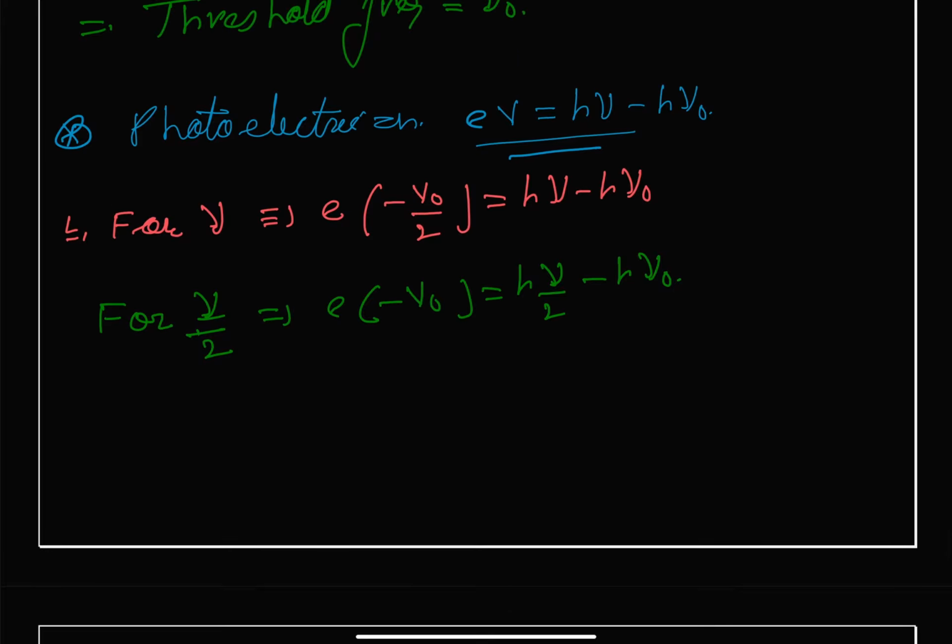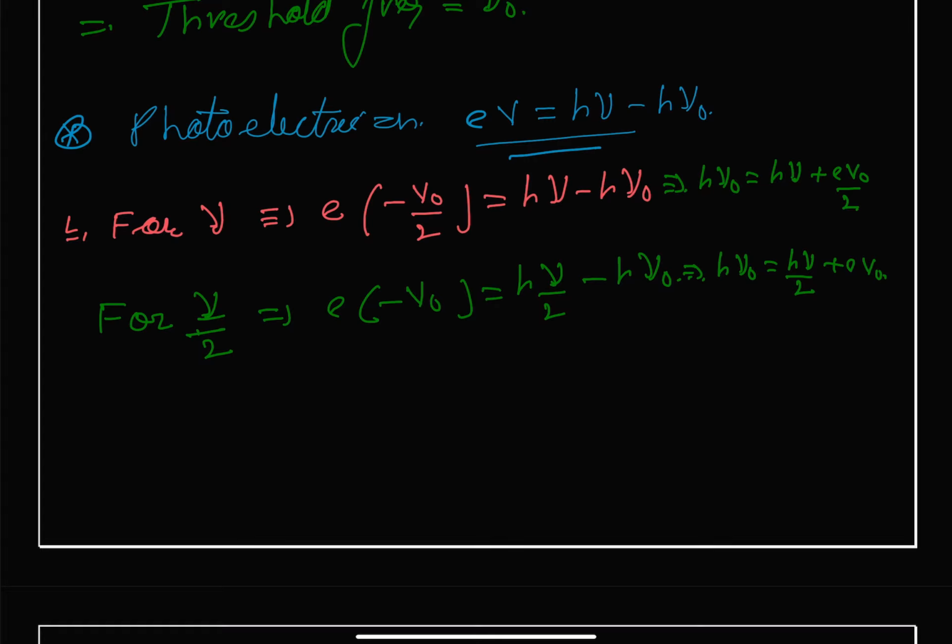So from the first part we can write our h nu naught is equal to h nu plus E V naught by 2. And from the second equation we get h nu naught is equal to h nu by 2 plus E times V naught.